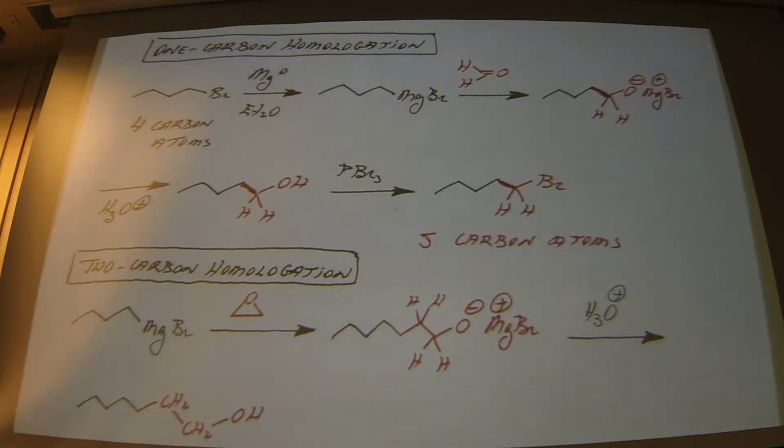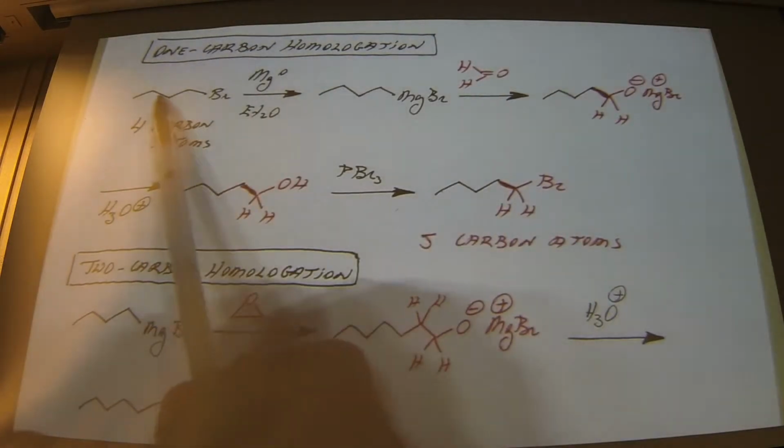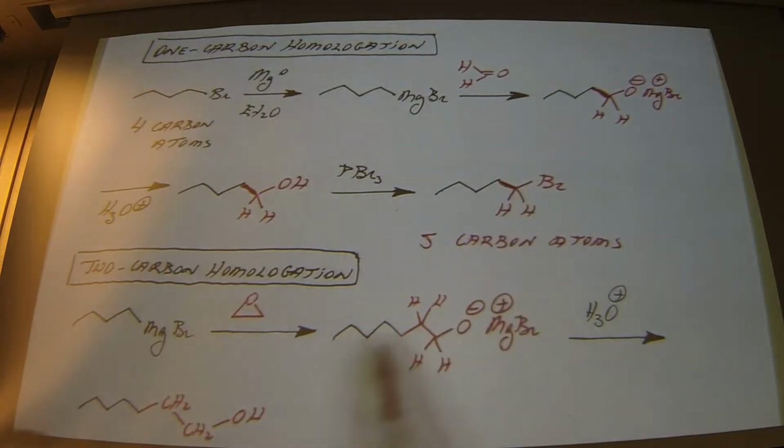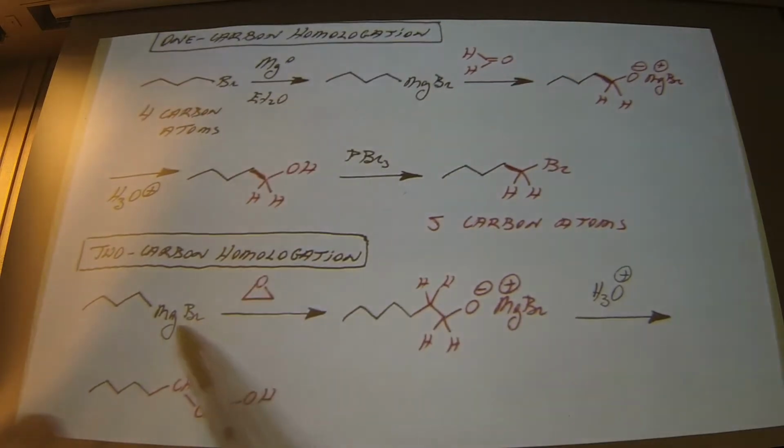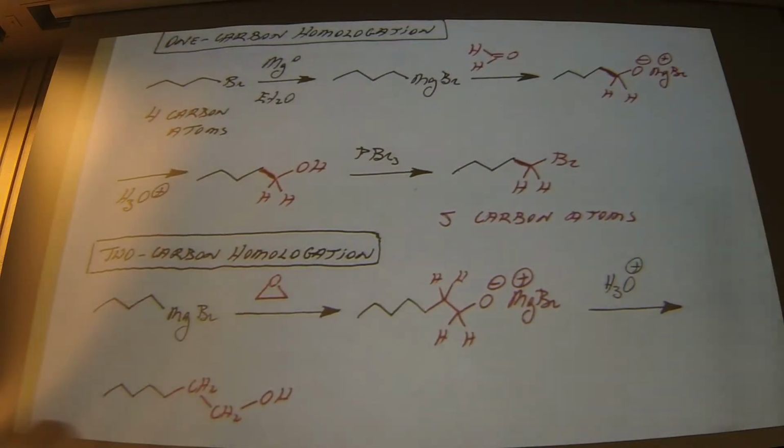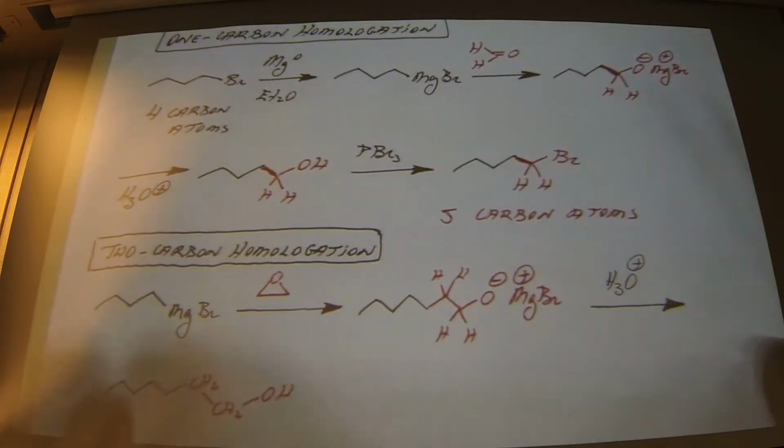That gives me the alcohol, which we know how to convert to the bromide, so in net, in both these reactions, you end up extending the chain by one carbon atom, or extending the chain by two carbon atoms, the two being provided, in this case, by ethylene oxide. So this turns out to be something that is useful to do in chemistry.